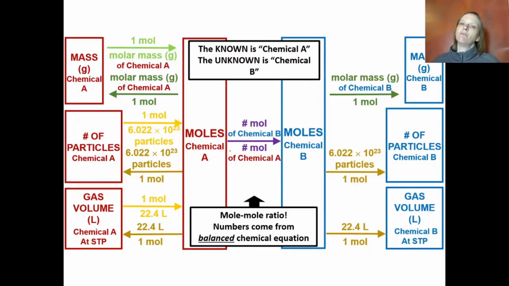Then we use a mole-mole ratio from the balanced equation to convert from moles of one substance to moles of another substance. And then we use similar conversion factors from what we had at the start here to convert to mass of our new substance, or particles of our new substance, or volume of our new substance.